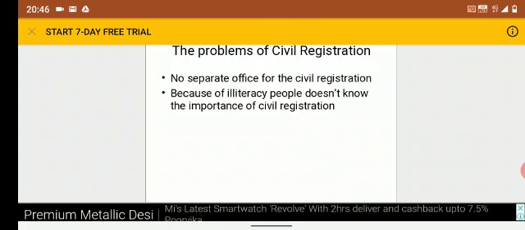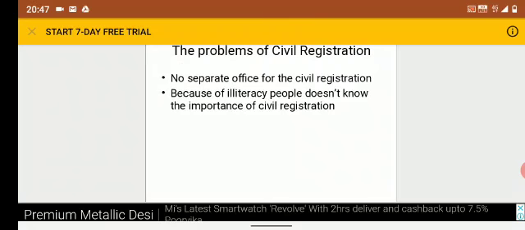After understanding the meaning, importance, and significance, let us focus on some problems of civil registration which we face in India. Though it is a very good technique to collect data, no separate office for civil registration is provided. The second important problem is that because of illiteracy, people don't know the importance of civil registration.